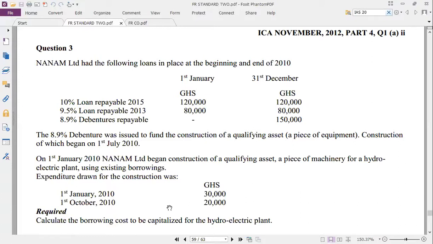Nananam Limited had the following loans in place at the beginning and the end of the year 2010. The loans are there: 10% loan repayable 2015, 9.5%, with the balance at the beginning and the balance at the end. 8.9% debenture repayable when?